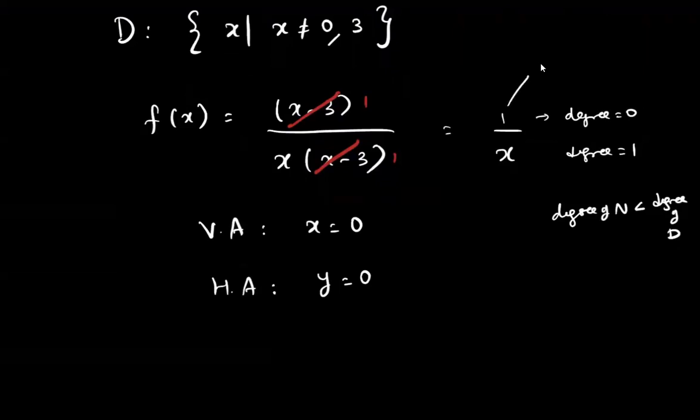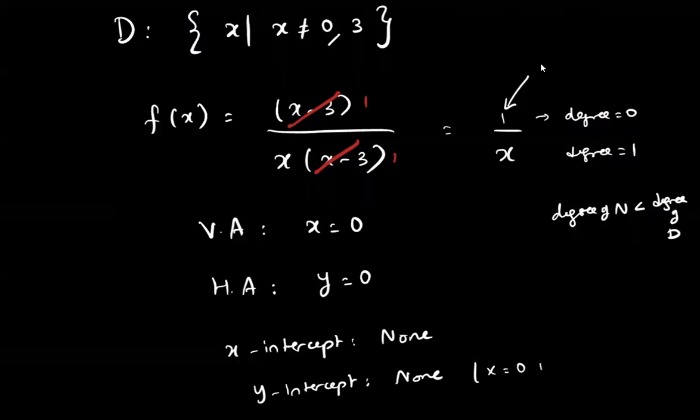There is only a number in the numerator. There is no factor with x. Therefore, the x-intercept is none. What about the y-intercept? Also none, because x equals 0 is not in the domain. Otherwise, you would plug in and find out.